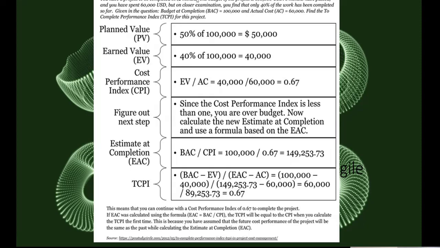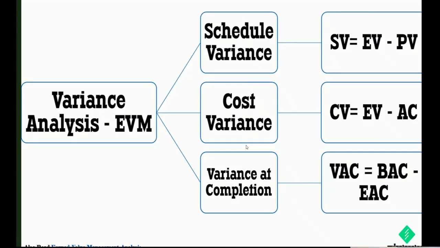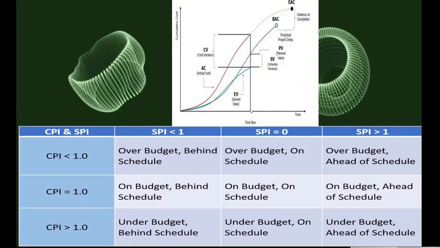So 12 months means 1 year, and the BAC, budget at completion, is $100,000. Six months have passed, so the project already passed half of its life cycle. That means the planned value is 50%.